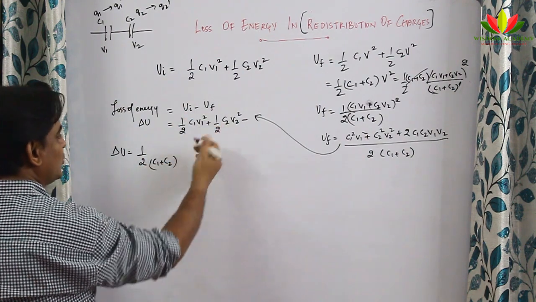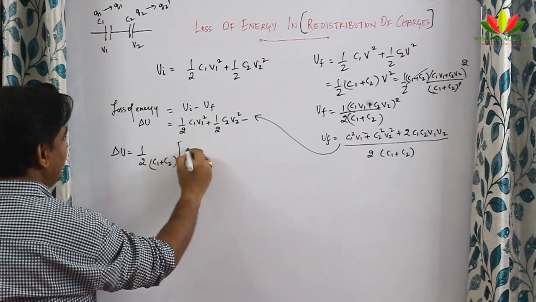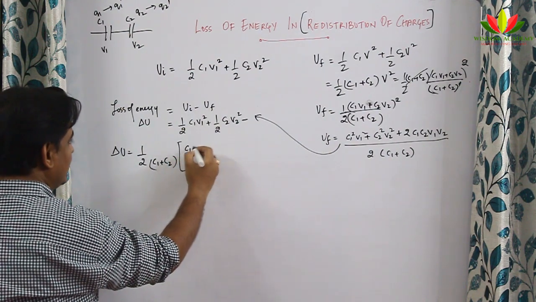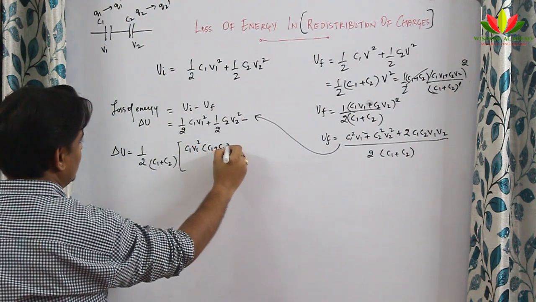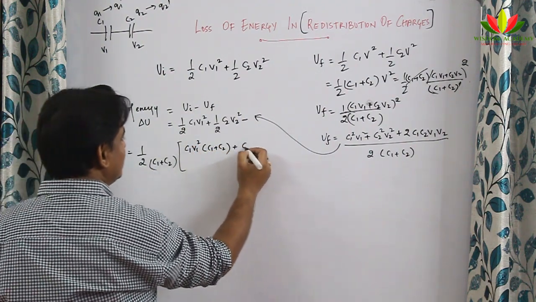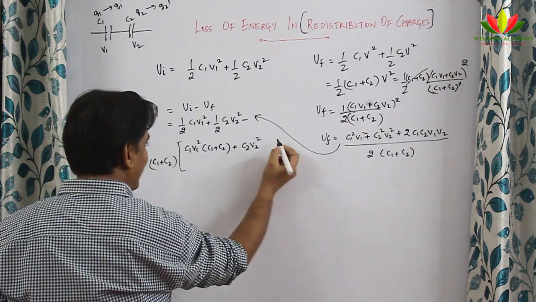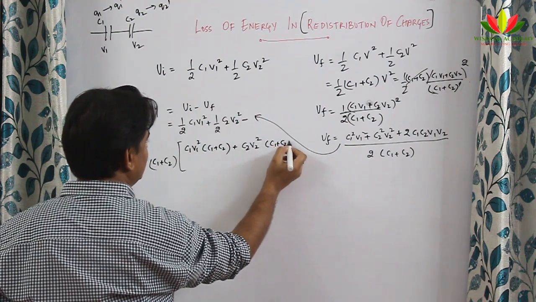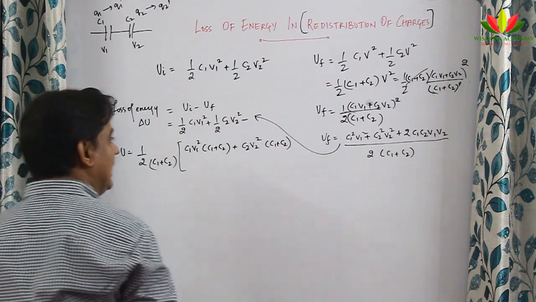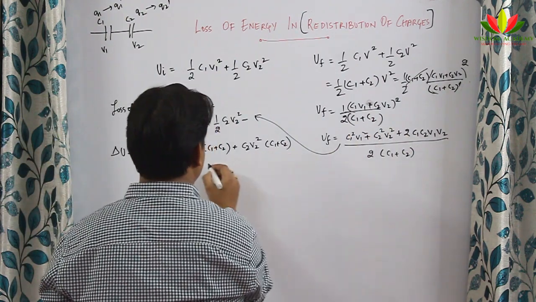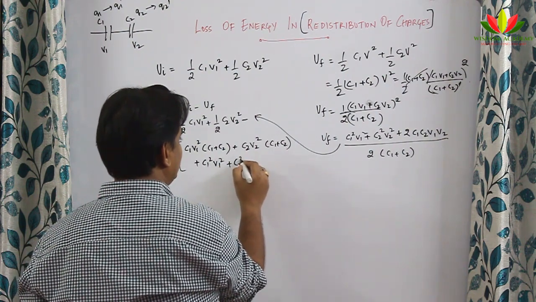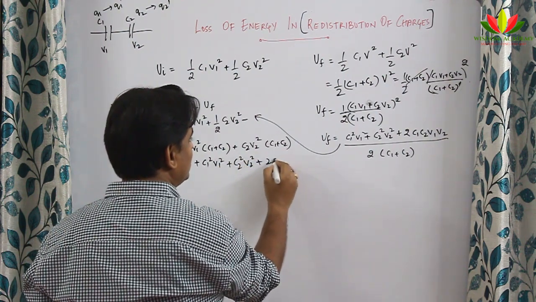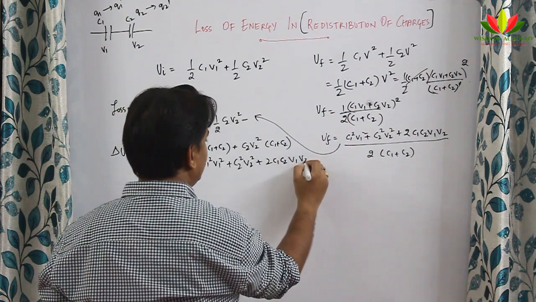That will get multiplied in these two terms. The first term will become C1 V1 square into C1 plus C2 and plus C2 V2 square into C1 plus C2, and then I have this full term, that is plus C1 square V1 square plus C2 square V2 square plus 2 C1 C2 V1 V2.